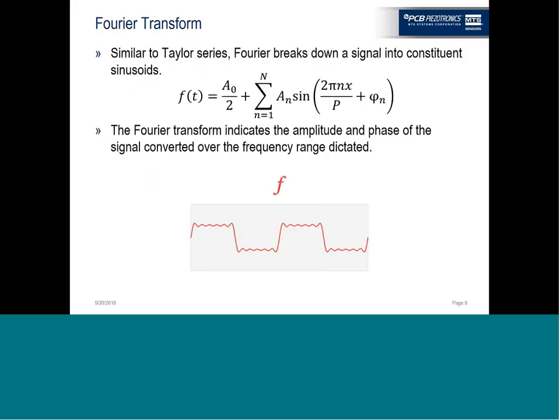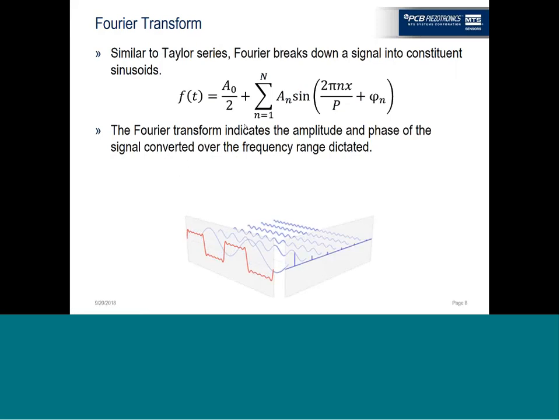So again, similar to Taylor series, the Fourier series breaks down the signal into its constituent sinusoids. And this is actually the equation of the Fourier series at the top here. You have the first component, which is your DC component, meaning 0 hertz.